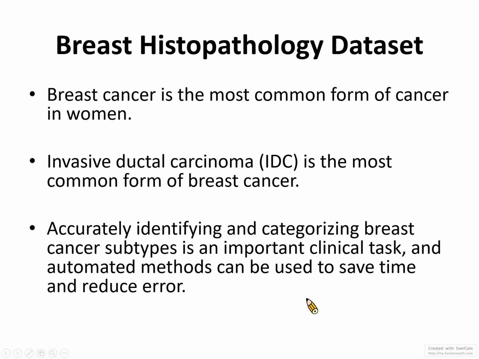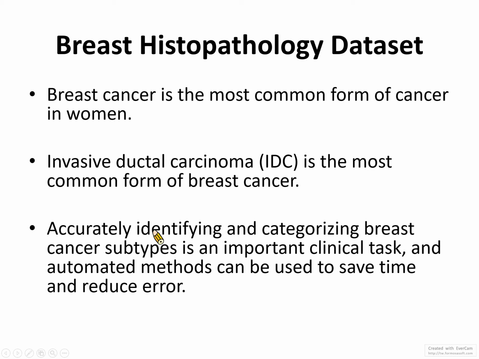So for this data set, the rationale is that breast cancer is the most common form of cancer in women, and invasive ductal carcinoma, or IDC, is the most common form of breast cancer.